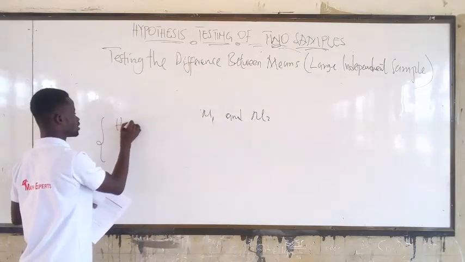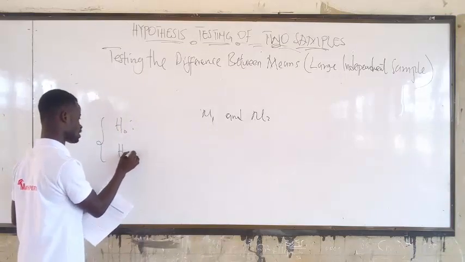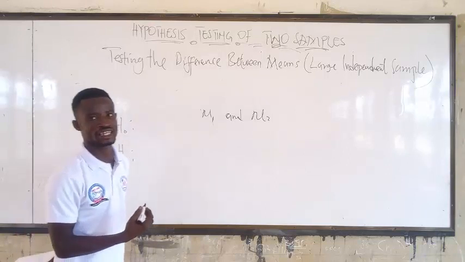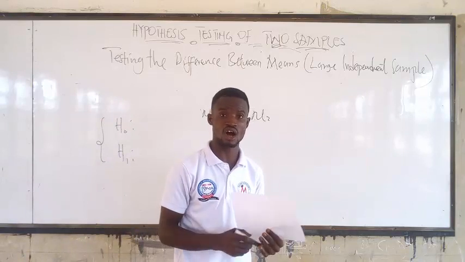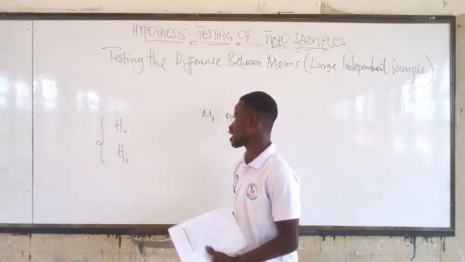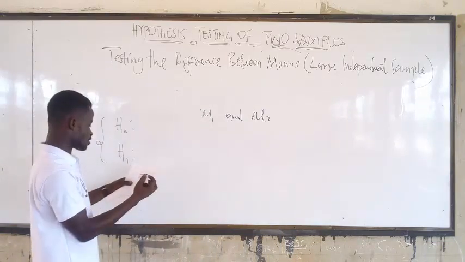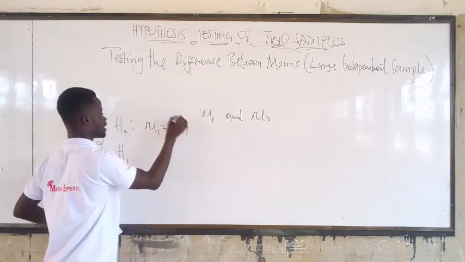Let's say we have the null hypothesis and the alternate hypothesis. If the statement is talking about equality or something which is certain, then our null hypothesis can be in the form: this is equal to that.